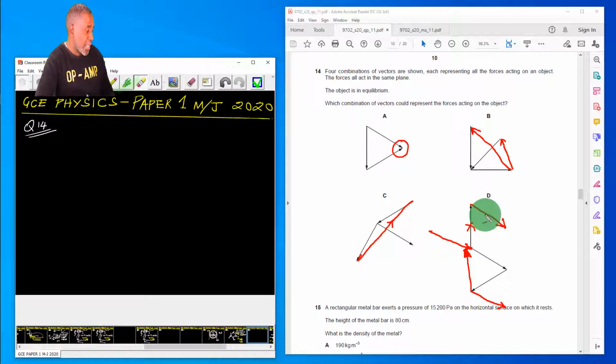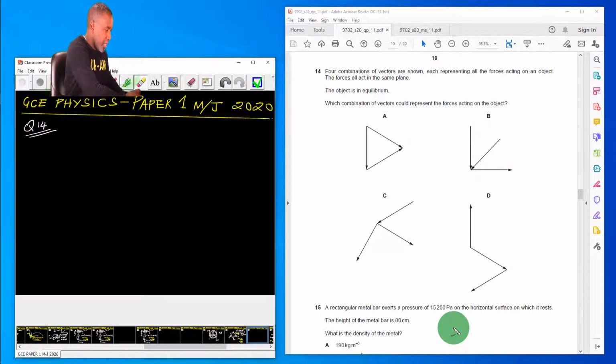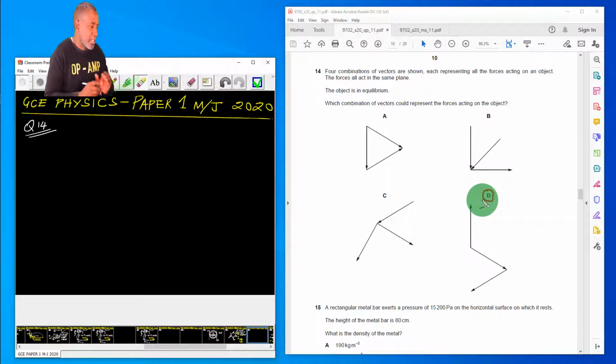So that is why D is the correct answer. That is the correct answer. So let me remove all the inking so that we can now say D is the correct answer.